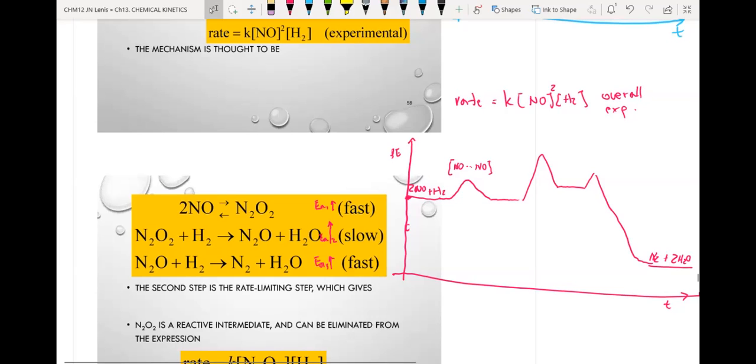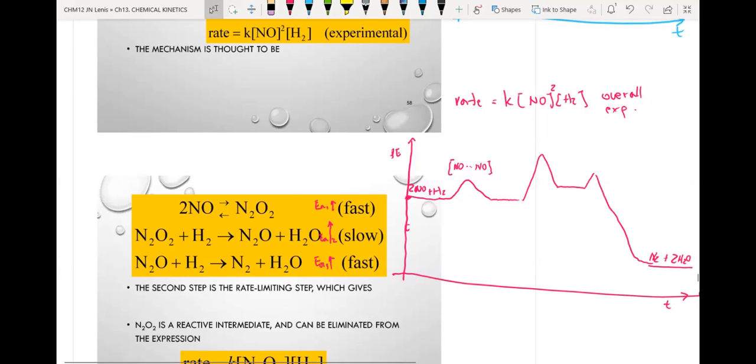What happened on the second step? It says, what is the order of reaction with respect to H2? It's 1. We already explained what is the meaning of that in terms of changing concentration of H2 and what happened with the rate of the reaction when we do that change. But also it's telling you that molecularity of the reaction with respect to H2 is what?